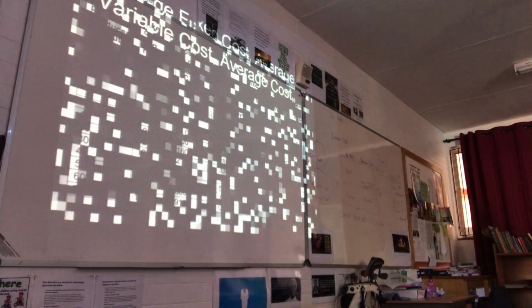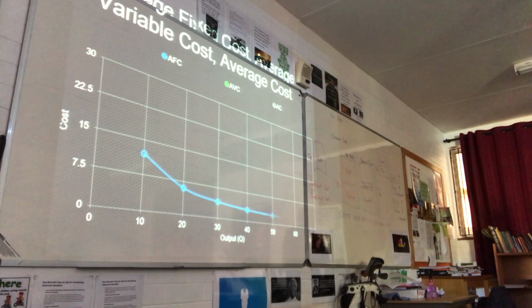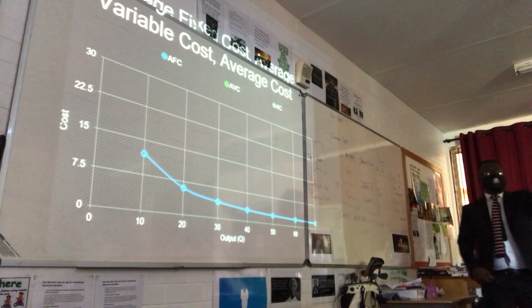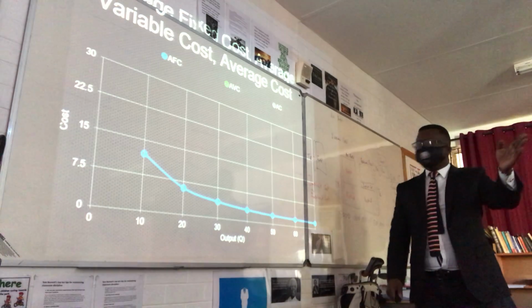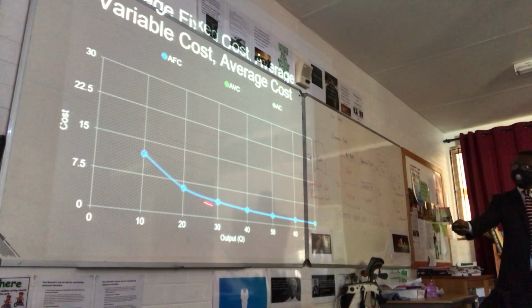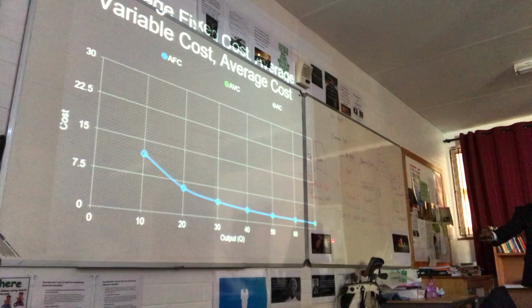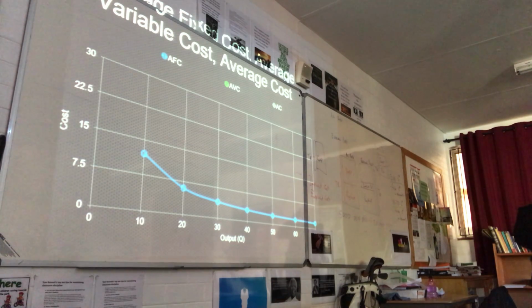Okay, so this is what it looks like on a graph: average fixed cost, average variable cost, and average total cost. So, your question. You can repeat it now. Yes, sir. So I was going to ask, you're saying that fixed cost should get to a point where it's negative. How?